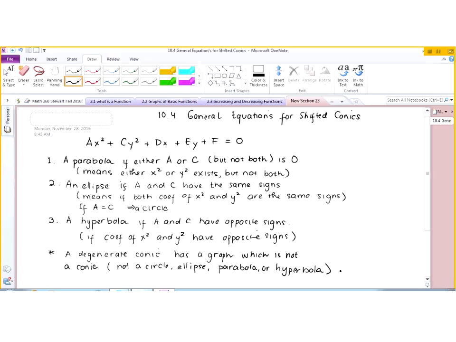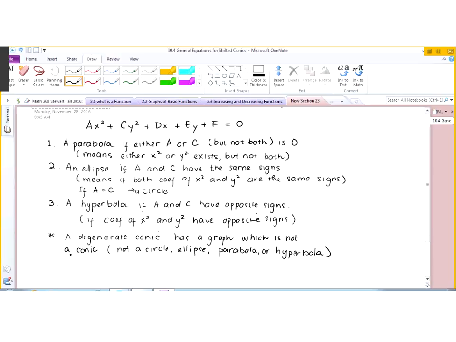Okay. So sometimes it's a point or a pair of lines or no graph at all. Let me write it down a little bit.